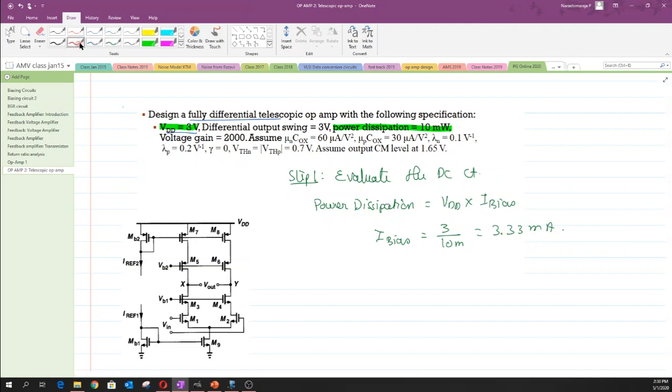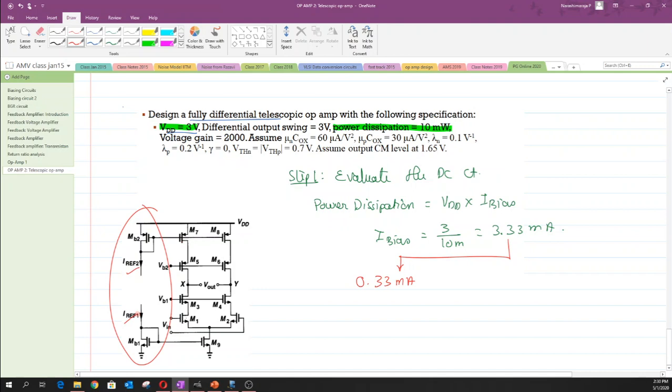Now we are going to split this 3.3 milliamperes of current into 2 segments. One part of the current will be used for biasing the reference sources, which basically fix the bias voltage of M7 and M8 as well as the M9 structure. So we will dedicate 0.33 milliamperes of current to realize these I references.